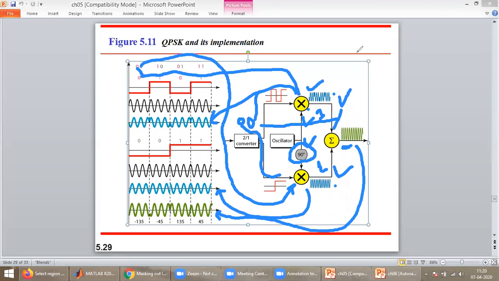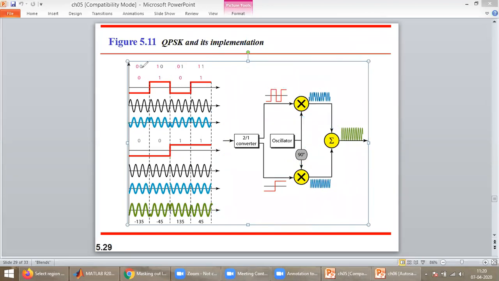If you have any doubts you can ask. Take 2 bits at a time. Send 1 bit to the first one, second bit to the second. The first phase shift keying method is in phase. For the second one, the oscillator will add 90 degrees, so it is out of phase.